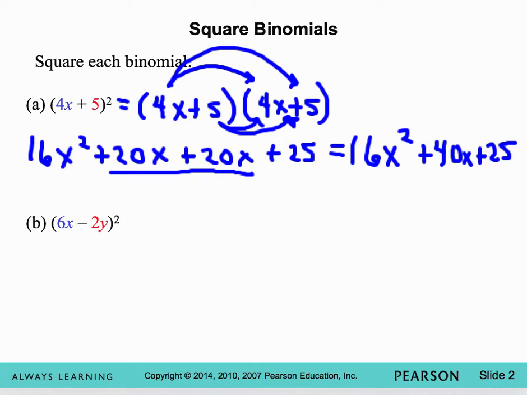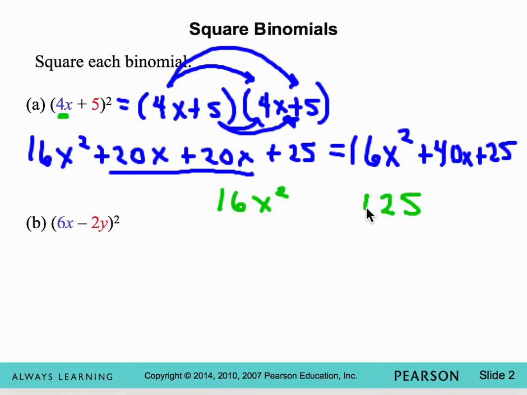So a shortcut for multiplying this out would be, if I recognize the format, right? If it's the exact same terms in each binomial, if everything's identical, or it could be written as a binomial all squared, I can square the first term, okay, and square the last term.